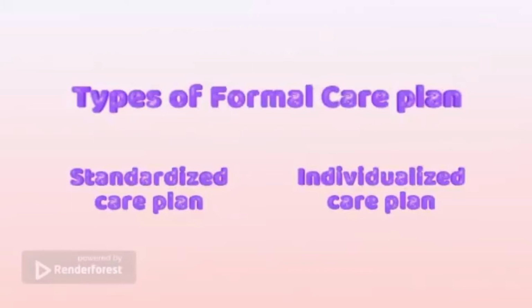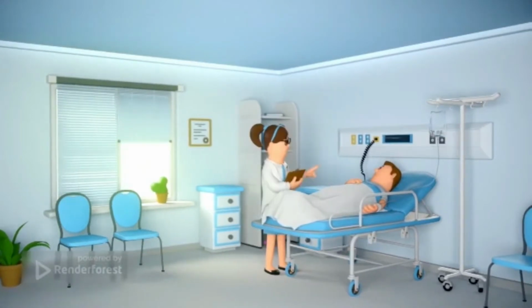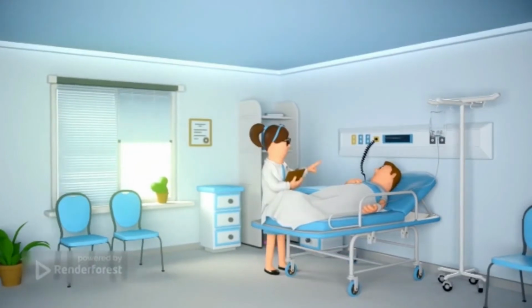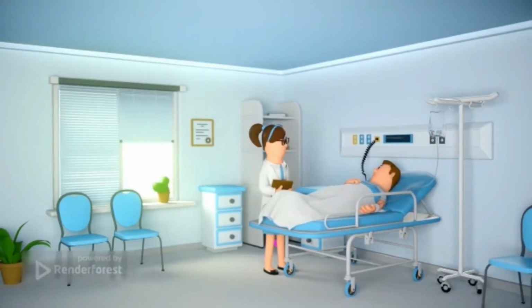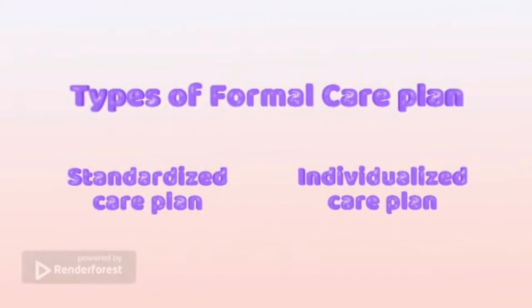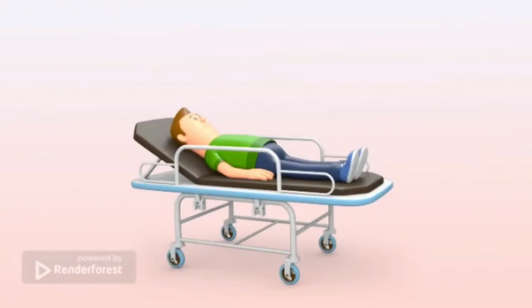But within that group of people, let's say the severe people, we are going to have people that need specific care plans or specific needs that have to be addressed. And that forms the other section under the formal care plan. And that section is the individualized care plan. So with the individualized care plan, we focus on problems or needs of the patient or client that are very unique to them.